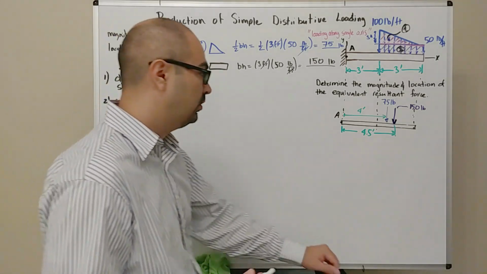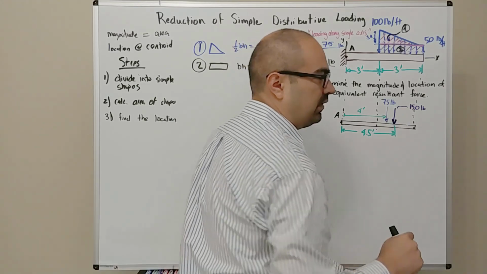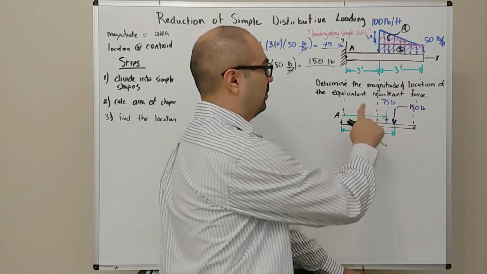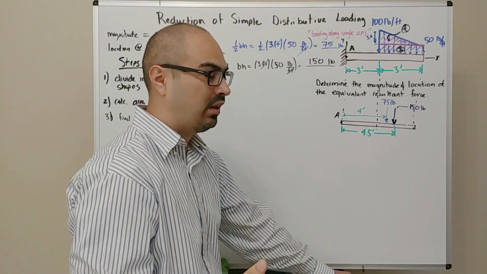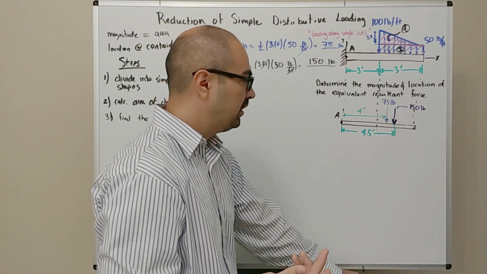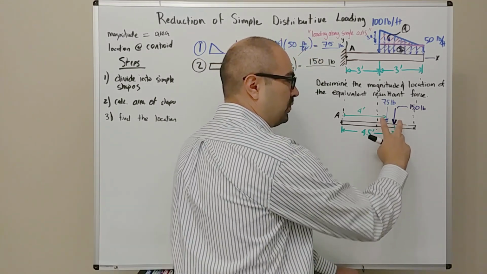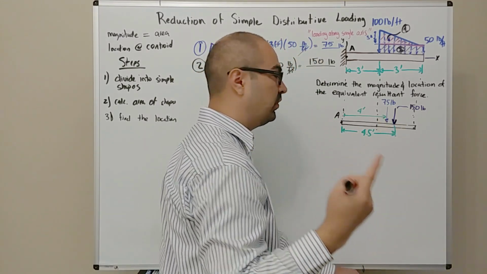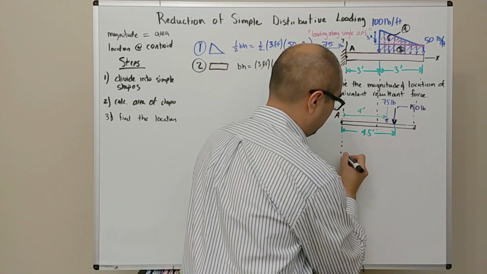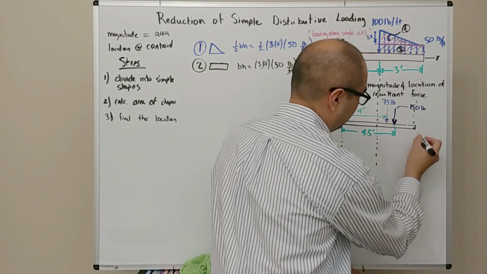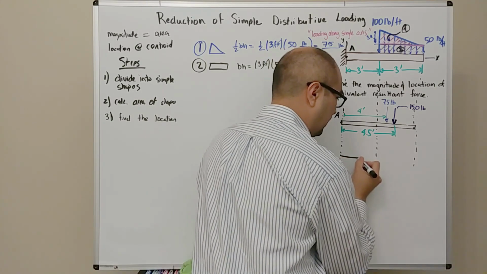Again, what we want to do now is simplify these two forces into a single resultant force, and we want its location. However, we can't get to that state directly. Instead, what we need to do is replace these two forces with a single resultant force and couple moment at point A. So I'll do another free body diagram over here.